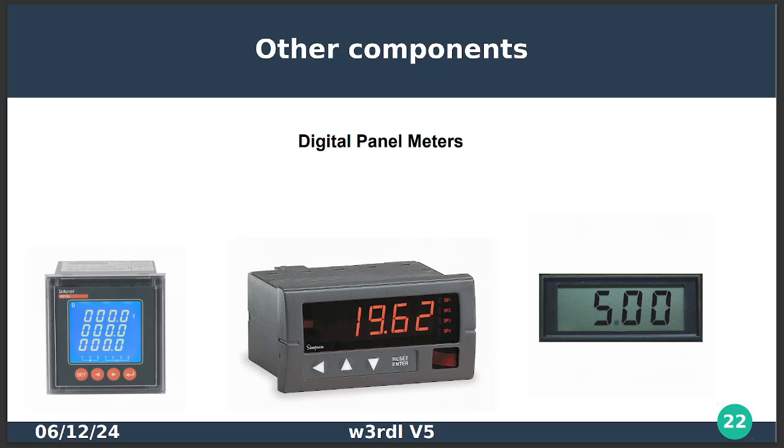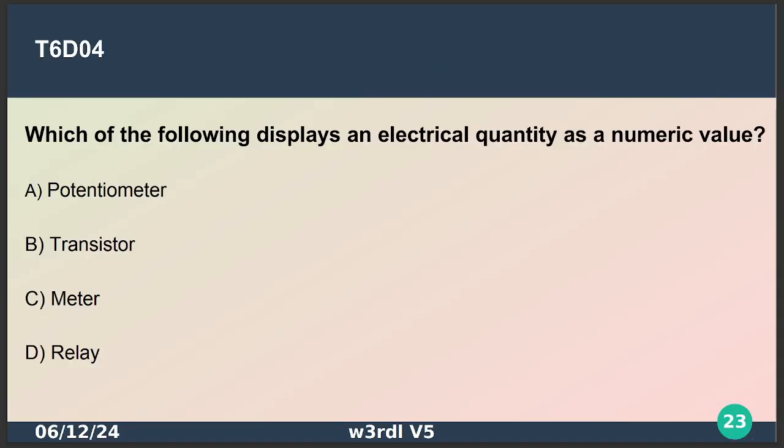You just cut a little hole that they fit in, and it clips in there, and then you can attach leads to it and know how much your battery is inside the box. Or you can set them up to tell you the current draw and things like that. Which of the following displays an electrical quantity as a numerical value? A meter, C.